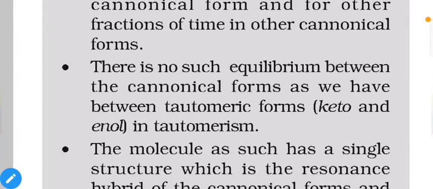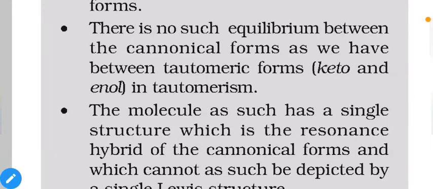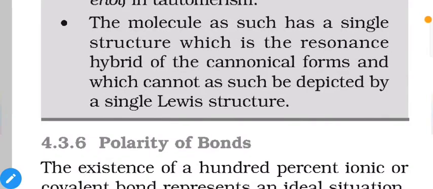There is no such equilibrium between the canonical forms as we have between the tautomeric forms, keto and enol, and the molecule as such has a single structure, which is the resonance hybrid of canonical forms and which cannot be depicted by a single Lewis structure. So these are some clarifications about the misconception.